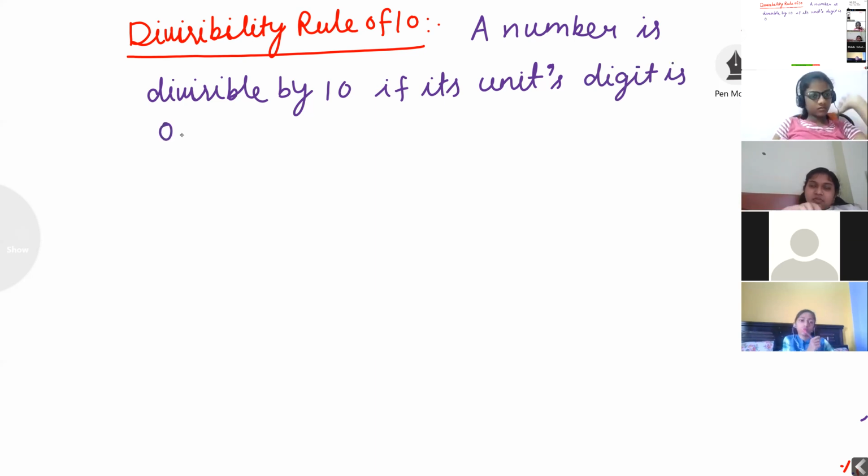If the once place digit is 0, then I can say the given number is divisible by 10.